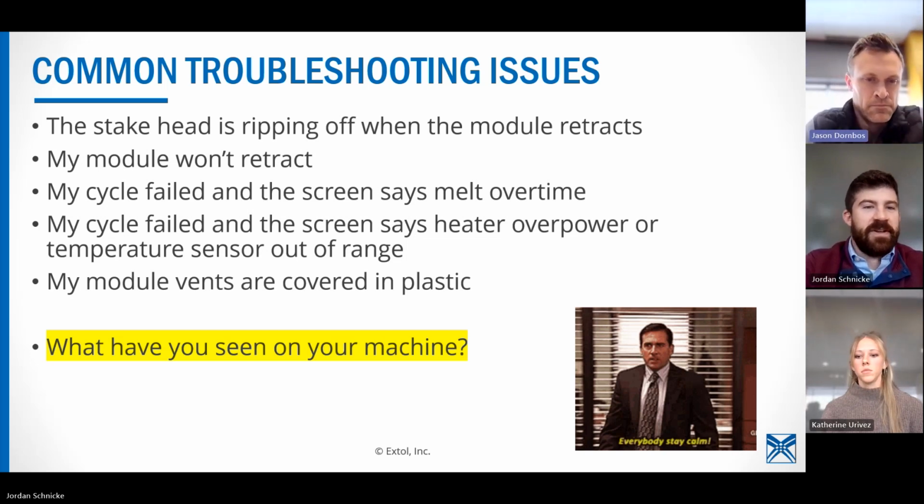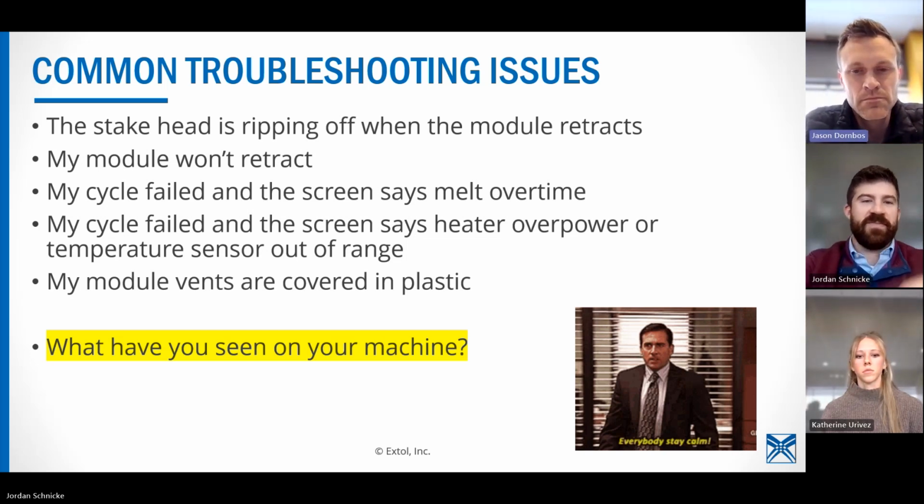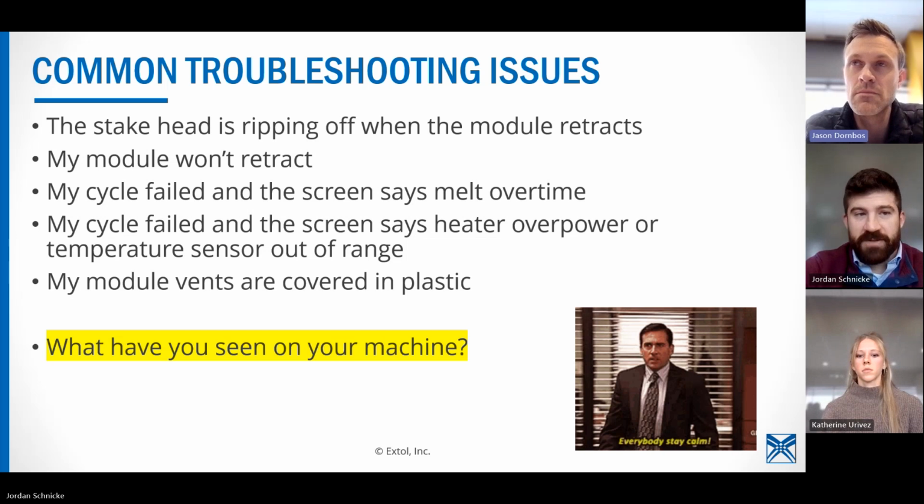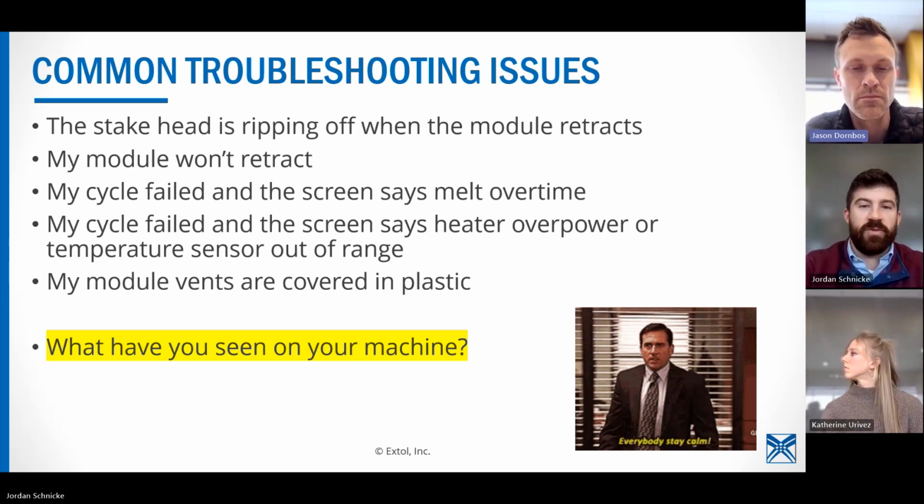So that all said, if you're getting melt overtime, chances are position's too low. Maybe the melt temp's not high enough. Cycle failed and the screen says heater over power or temperature sensor out of range. This one, in my experience, is something has happened to your module, whether there was a crash or something that happened over time.